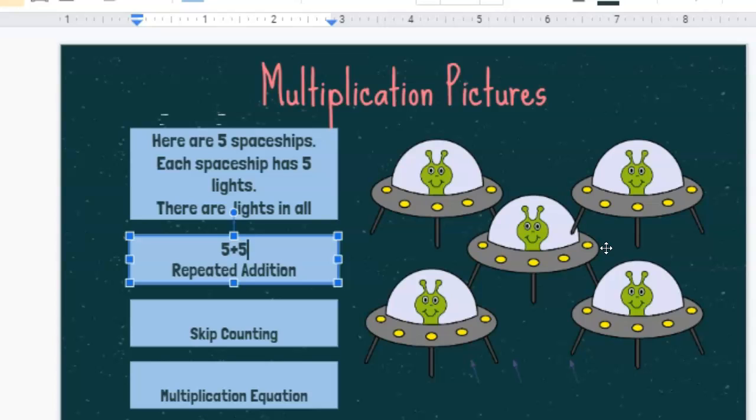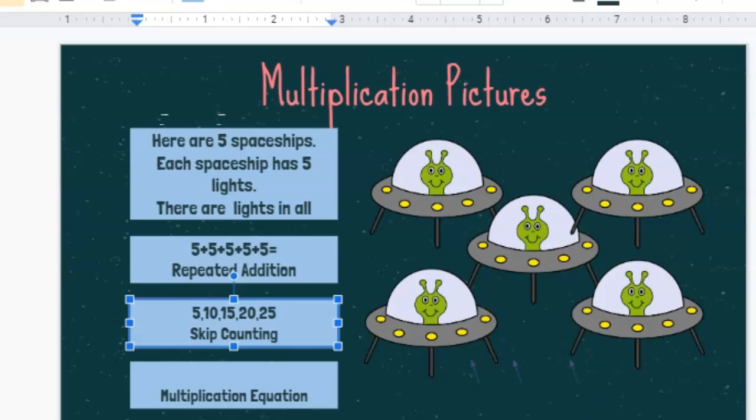Plus 5, plus 5, plus 5, plus 5 equals. Okay, let's skip count to find our answer. We're going to skip by 5 five times. So 5, 10, 15, 20, 25.